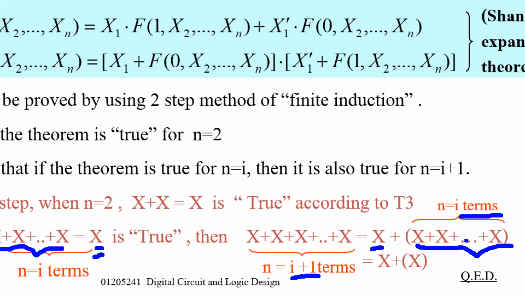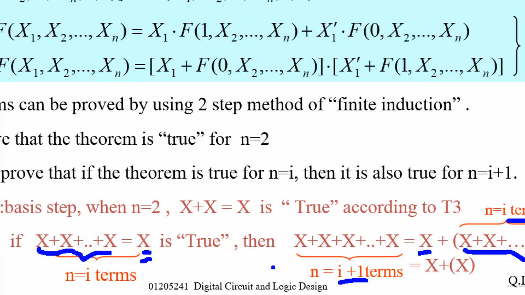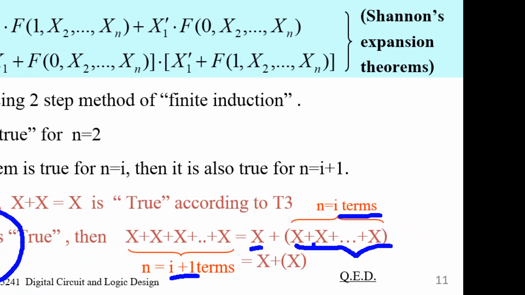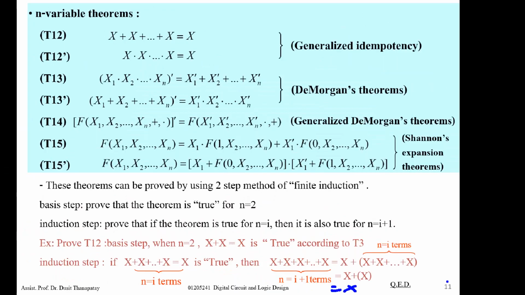And based on this assumption that when the number of variables is i, it is equal to x, you can write x for this term. Then it becomes x plus x, and x plus x is x also. So based on the basis step and this induction step, you can prove it.